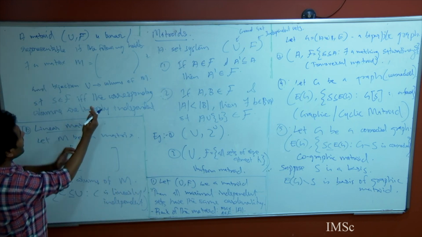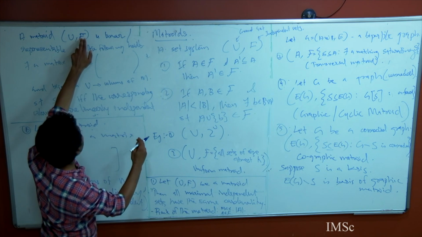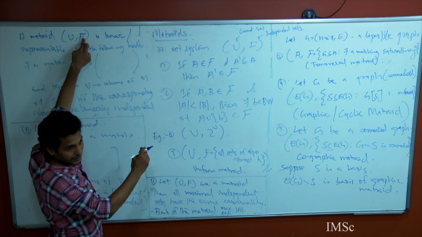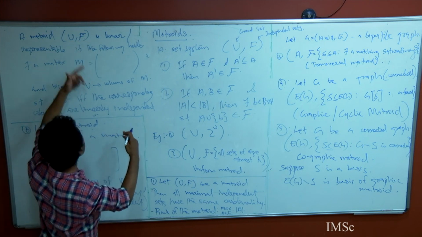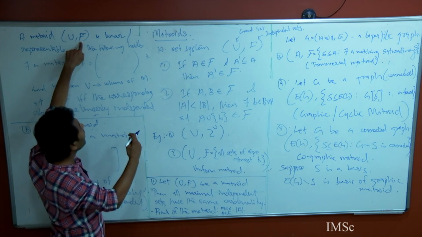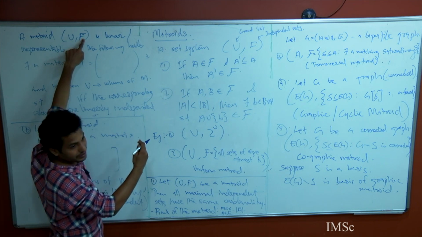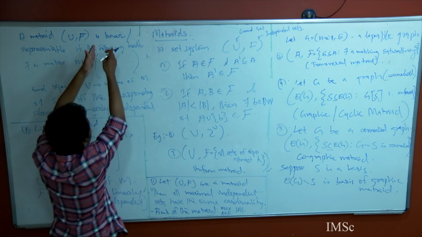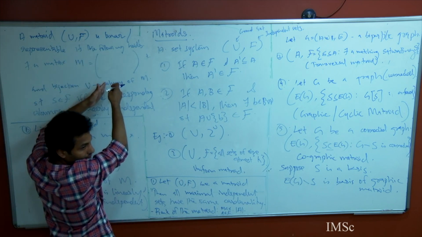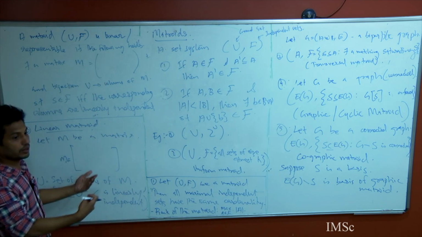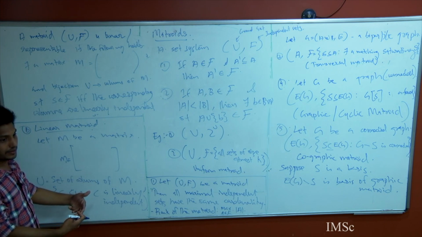And look at any set within the set of independent sets, that is any independent set in the matroid, and corresponding to that I have a set of columns here, and that set of columns should be linearly independent.